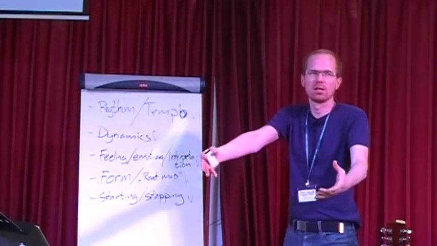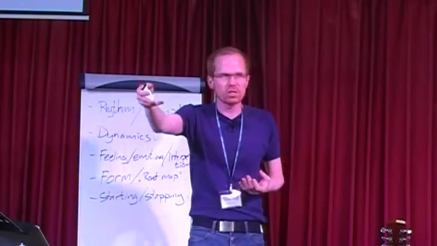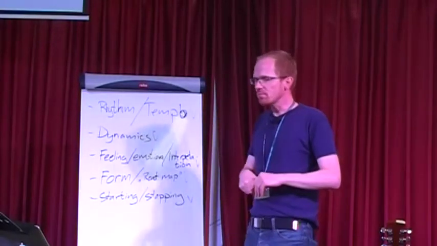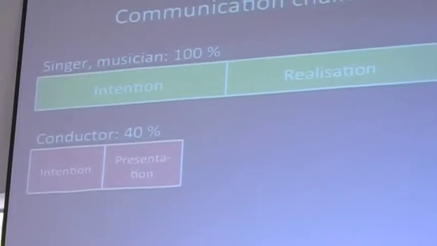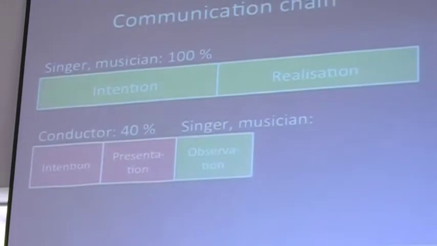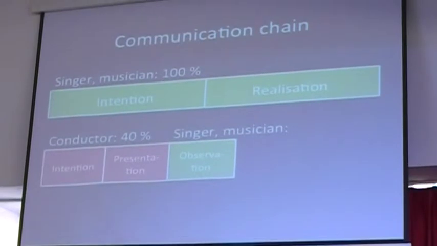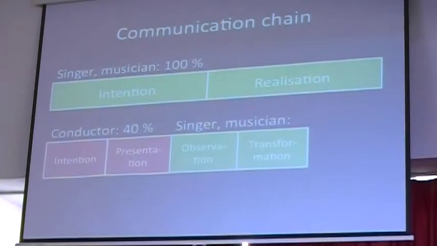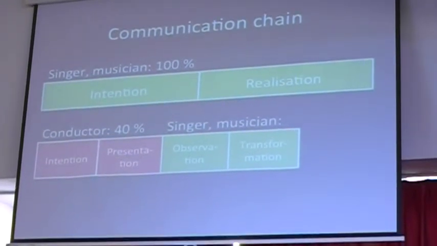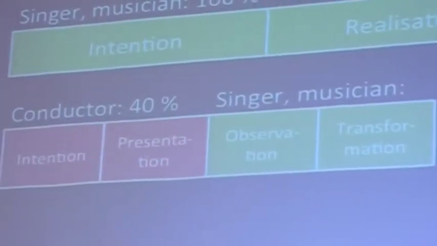We present our intention with our body or with our voices. That is received by the people who are singing, in this case the congregation or the band behind us, and they perform an observation. They observe what this guy is actually doing, and then they interpret that into their own musical language. So they make a transformation.